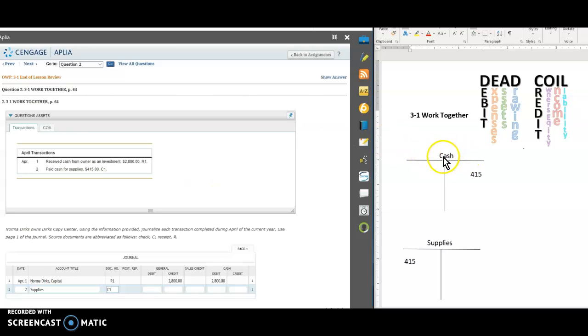Cash is credited for $415, so I come over to the cash column underneath credit, and I'll type $415. My debit is for supplies. Supplies is not one of my special columns, so it's going to go under the general column, debit, $415. Your debits equal your credits for the whole line, and that's it.